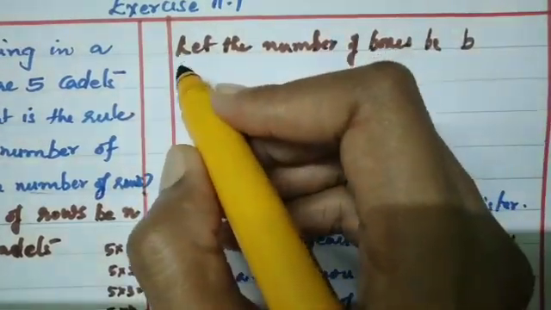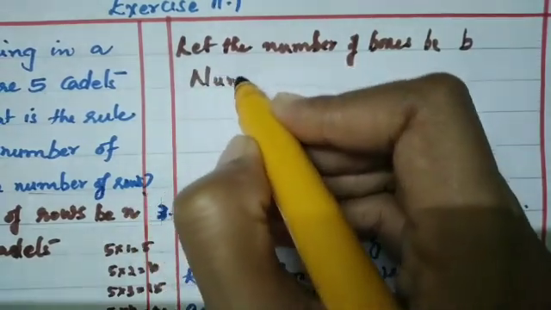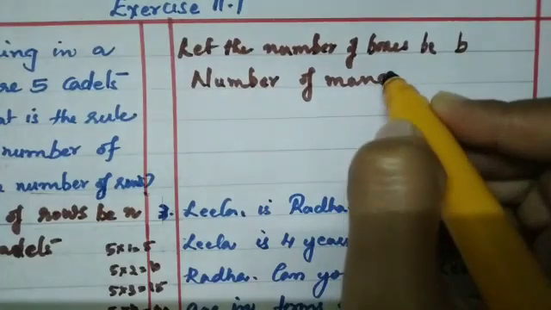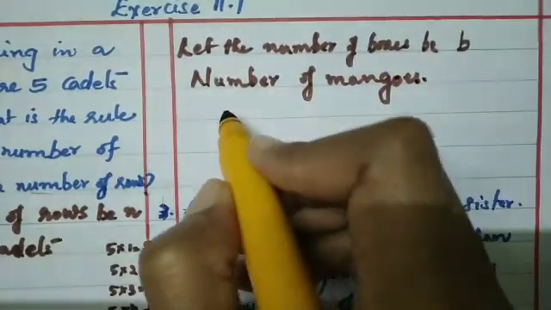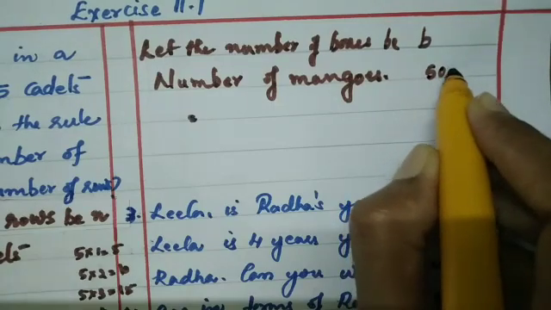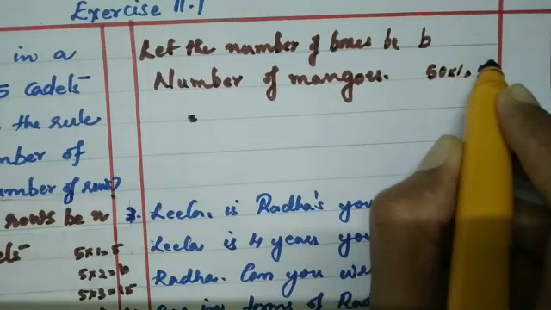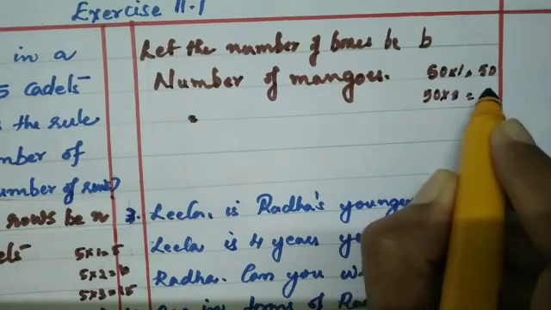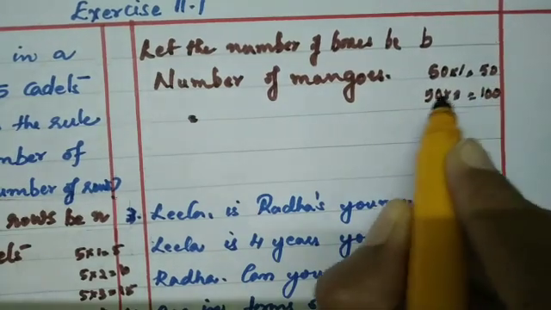Then you have to find the number of mangoes. Number of mangoes equals, here for one box 50 multiplied by 1, 50 mangoes. For 2 boxes 50 multiplied by 2 is 100 mangoes.